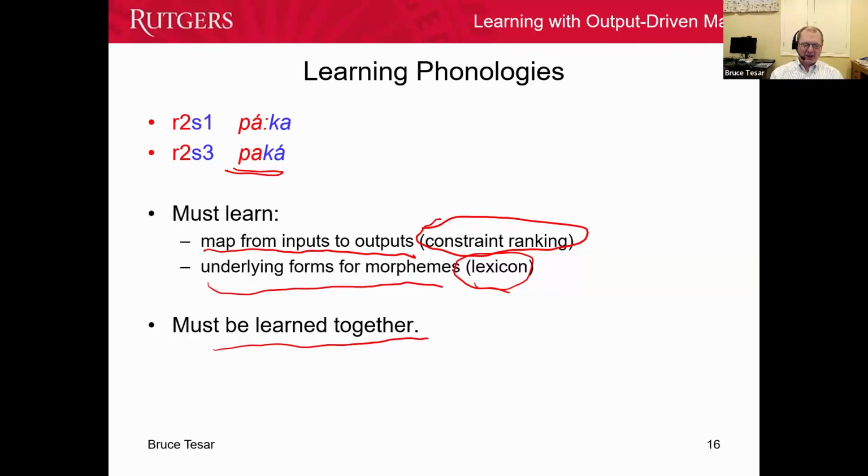And so a common way to account for that is to say that the child is starting out with a ranking that basically limits the inventory to only the least marked things. And then when you observe more marked structures, the ranking gets adjusted to allow those things into the inventory over time. But that's only part of the ranking information.